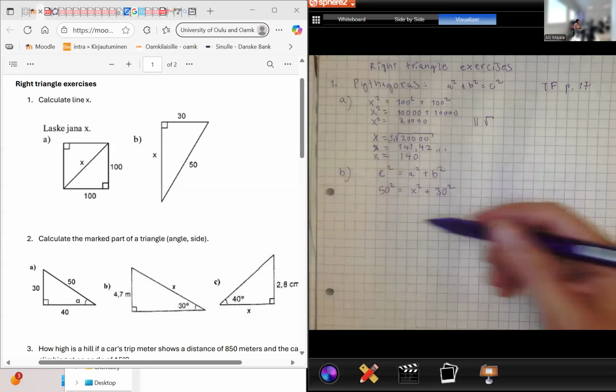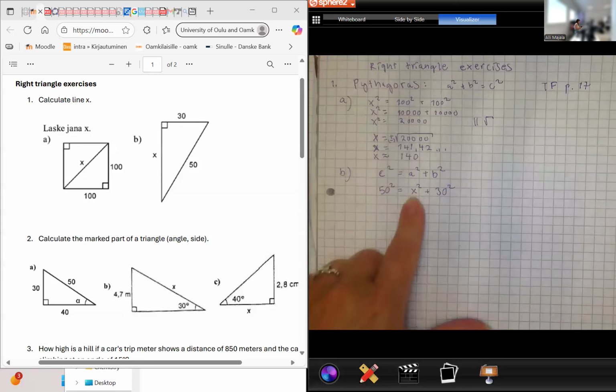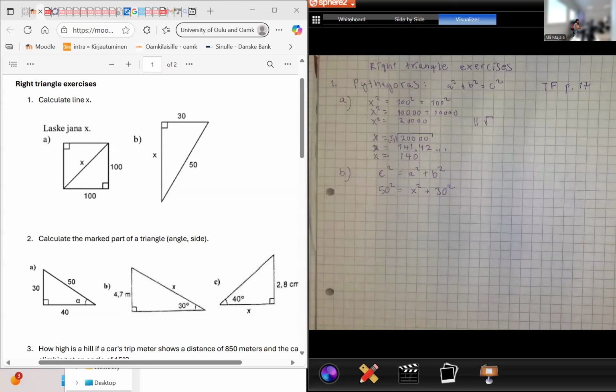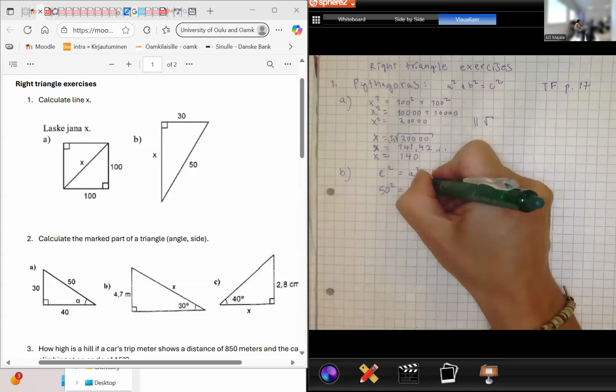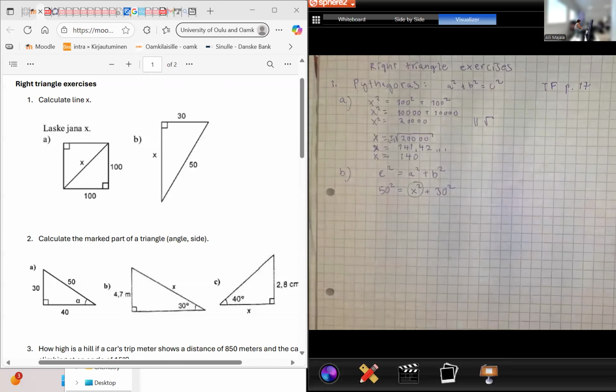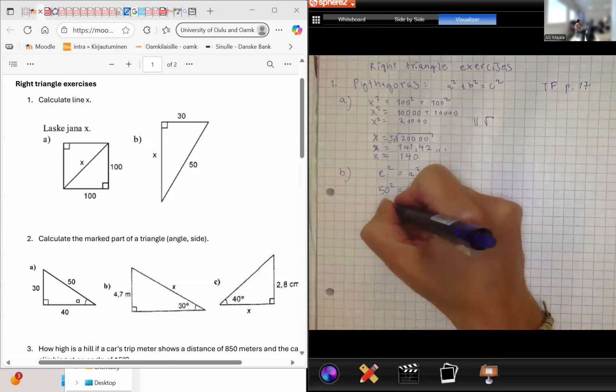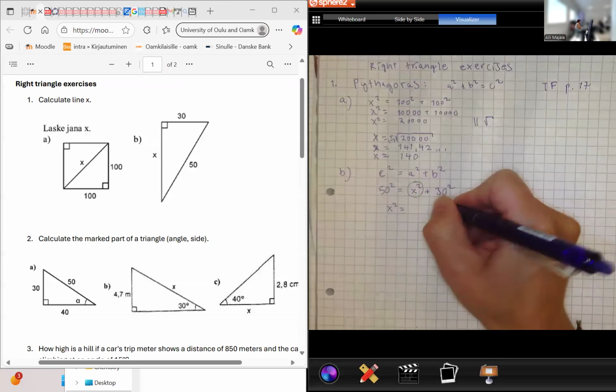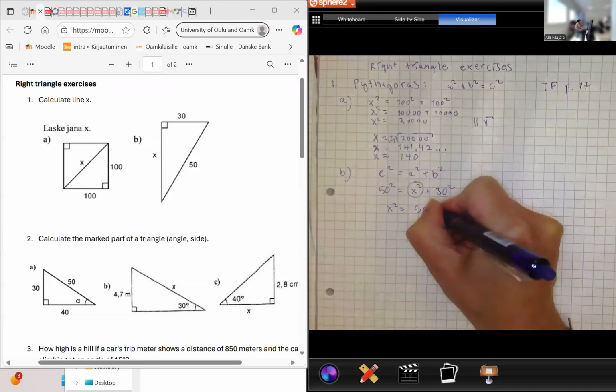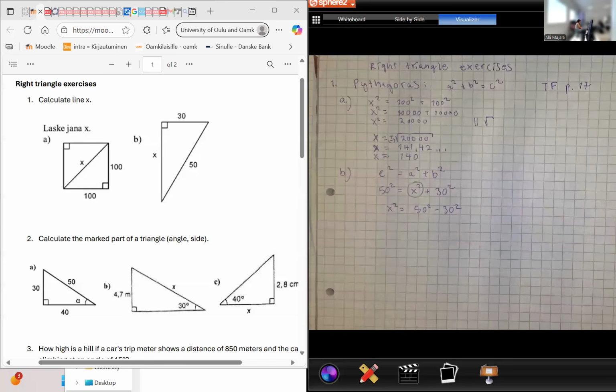And then we would just need to solve for the x. Yes. So again, this is of course what we wanted. And then we would have it on the other side alone, and the rest on the other side.